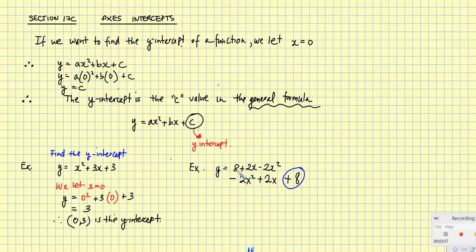So we always go from biggest to smallest powers, and our constant is always going to be last. So I would rewrite 8 plus 2x minus 2x squared as negative 2x squared plus 2x plus 8. And in doing that, I figure out very quickly that my value of c, or the y-intercept, is going to be found at (0, 8). So it's not going to be found at 2 or negative 2, but it'll be the constant.